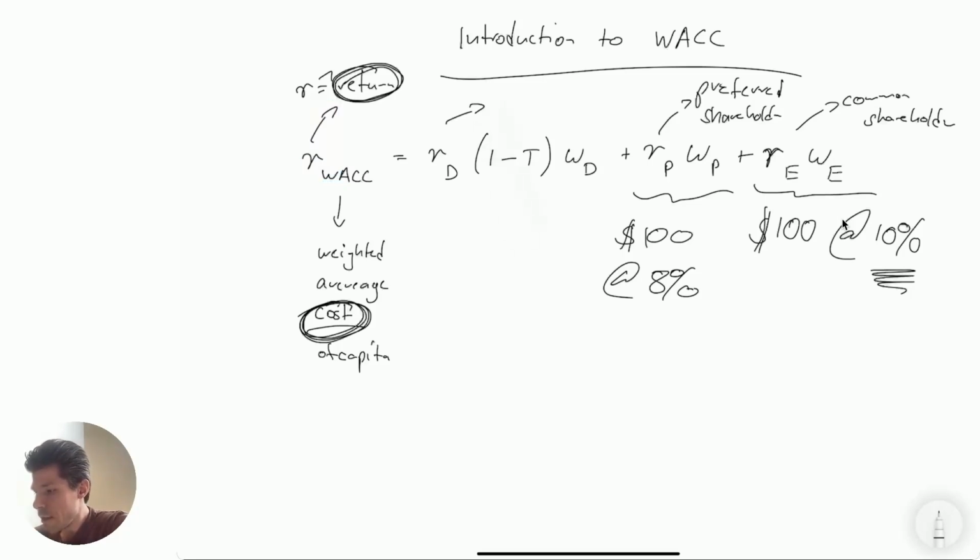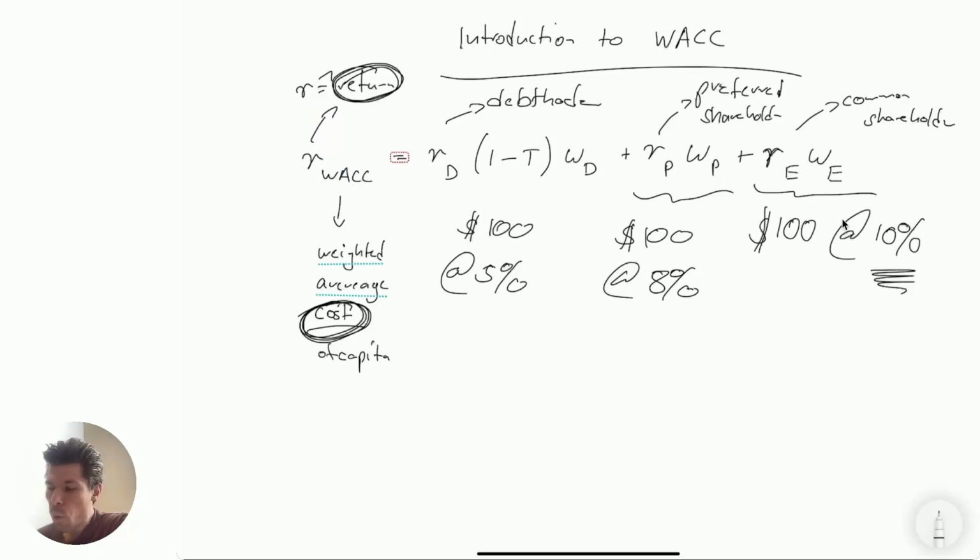Same for a debt holder. If an investor buys $100 in bonds, they would potentially ask for like 5%. So if a company raises debt because it needs money and borrows $100 from debt holders, their cost would be 5%. From an investor perspective, the return would be 5%.